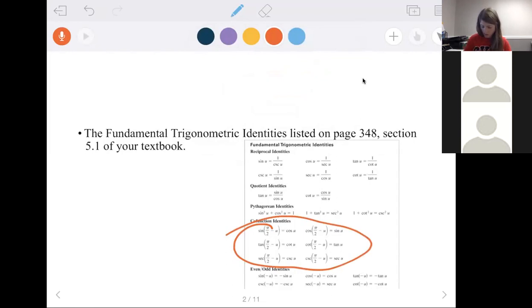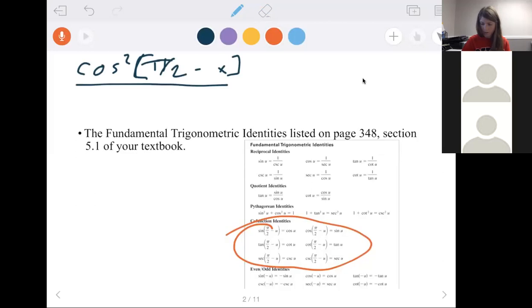All right, so let's go back here, and let me give an example. One of the ones that I had picked to look at, and I'm going to do it up top here, was in your WebAssign, and the expression was cosine squared, it actually had a bracket, of pi over 2 minus x, over cosine.